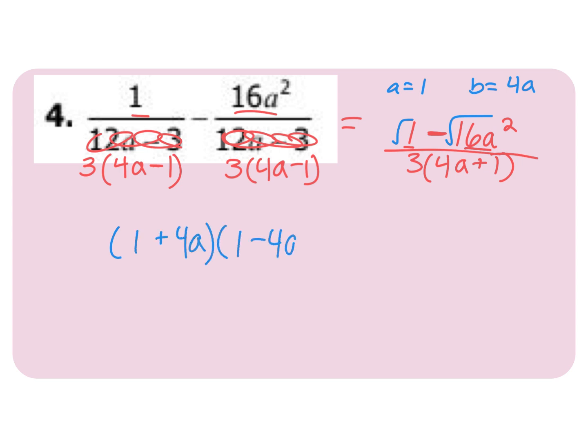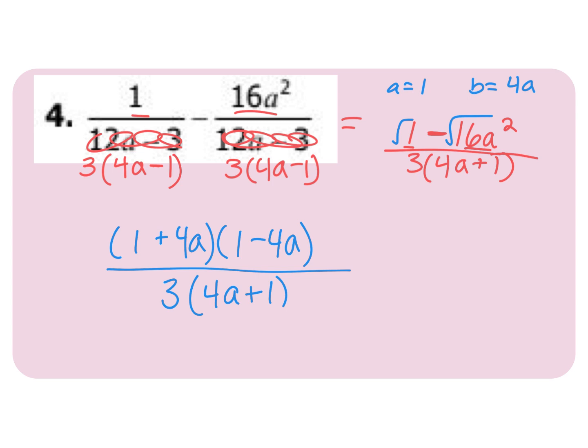You could have also switched the order of those two parentheses, which is fine. And then on the bottom, I still have 3 times 4a plus 1. Now this is the point where we look and see if we have anything that will cancel. I notice I do have two of the exact same binomial. That's what we can cancel.